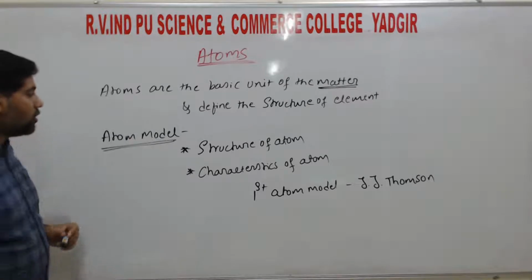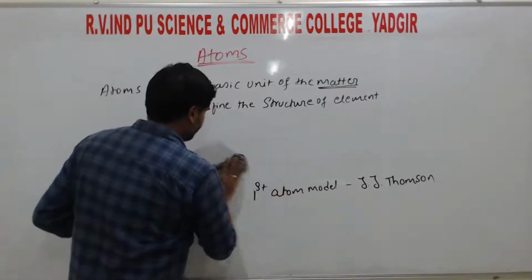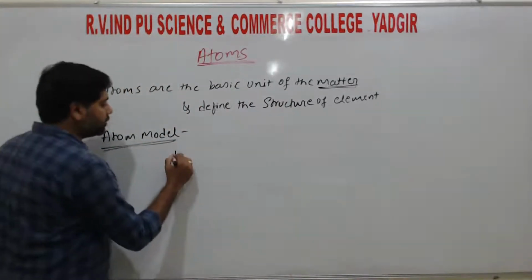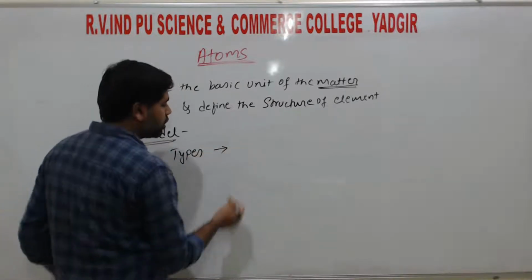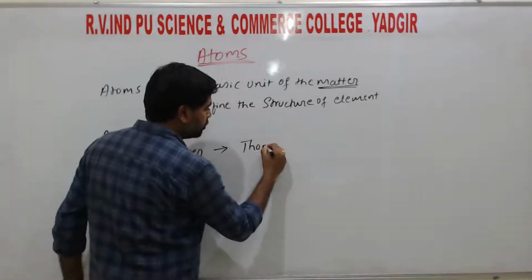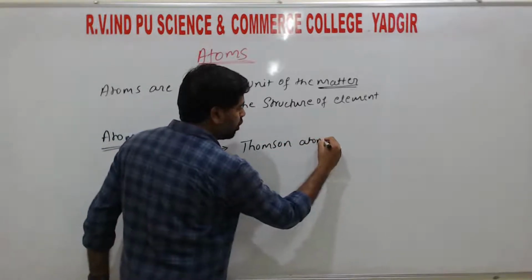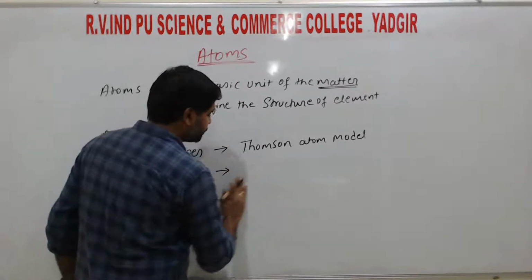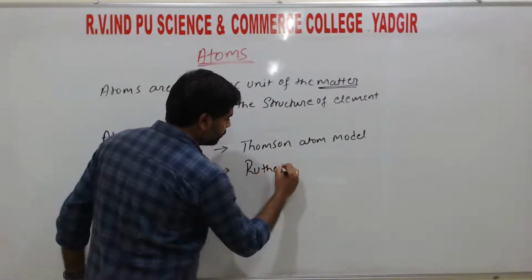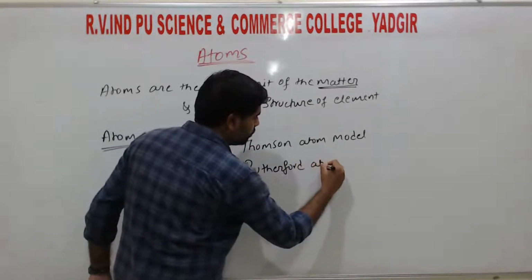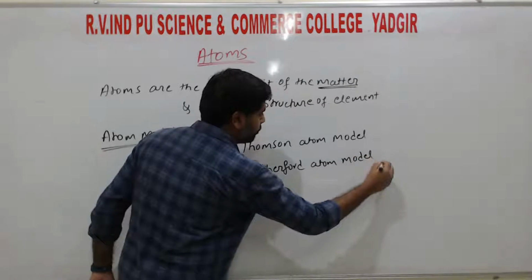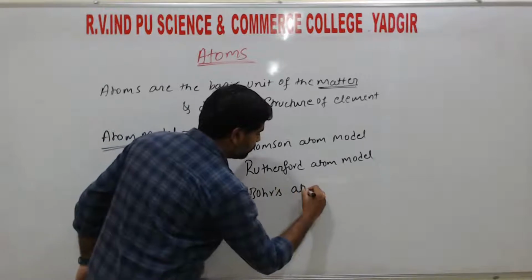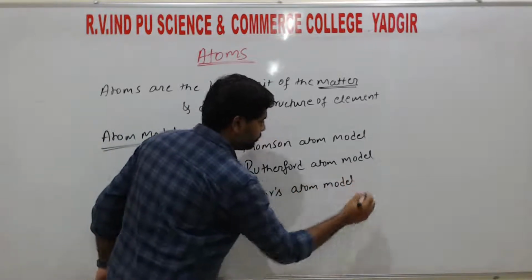Right? So those 3 types of atom models are: the first one is Thompson atom model, the second one is Rutherford atom model, and the third one is Bohr's atom model.